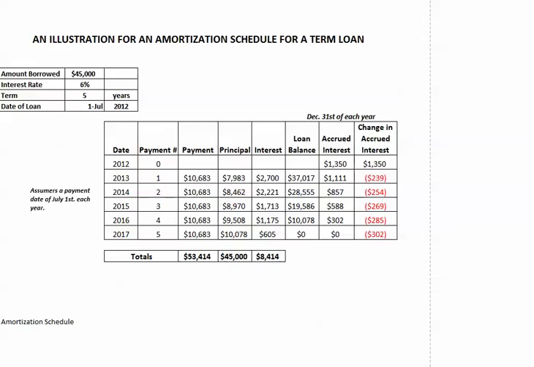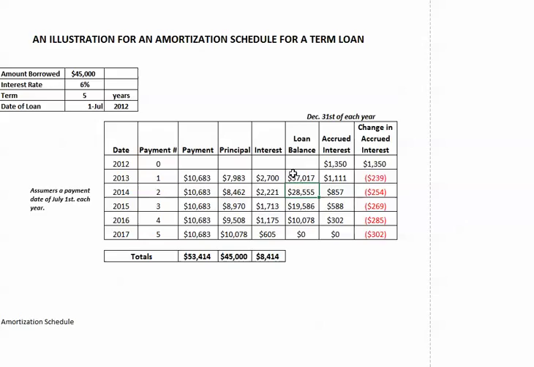When you get to July 1st of 2013, you have a payment of $10,683, of which $7,983 is principal and $2,700 is interest. So at the end of 2013, what do you owe on that loan? Well, this loan balance right here is simply equal to the original amount borrowed minus the principal.